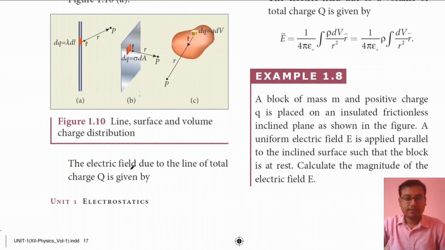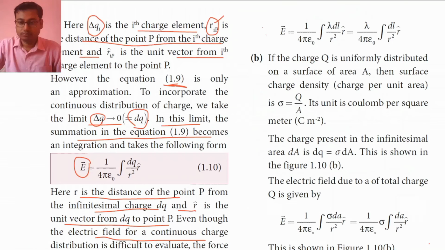The electric field due to a line of total charge q is given by E is equal to 1 by 4 pi epsilon naught into integral lambda dl by r square into r cap.